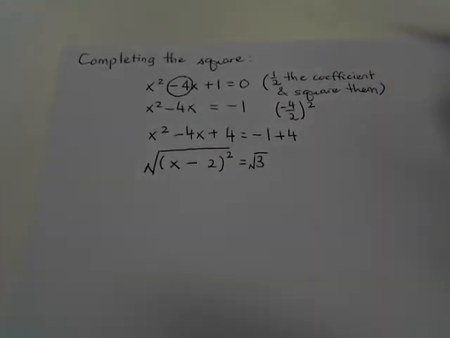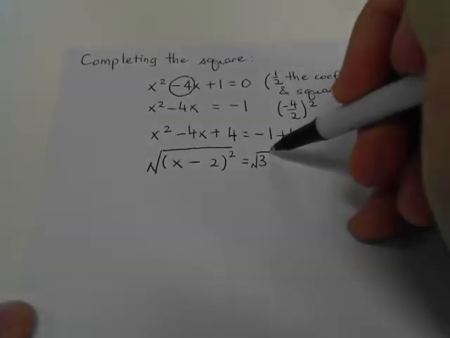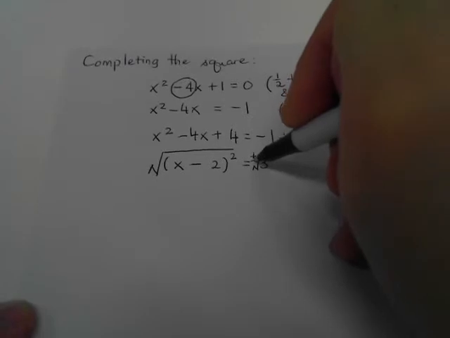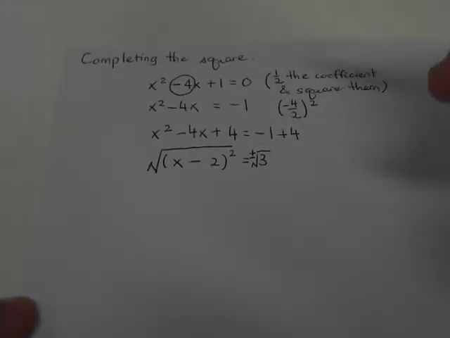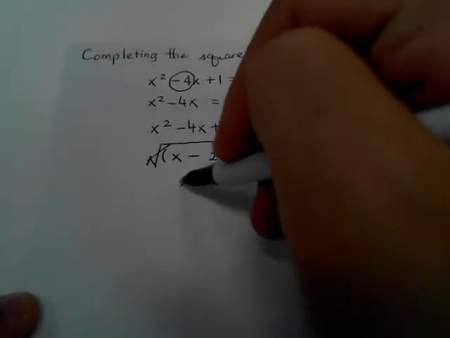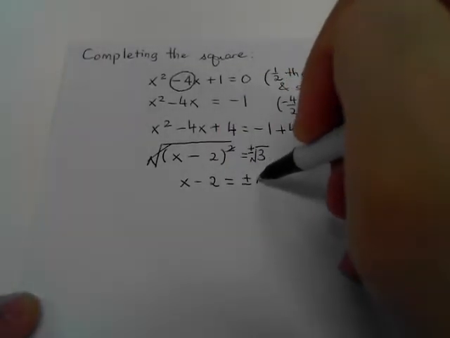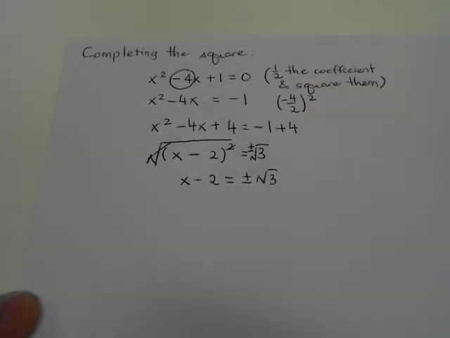Correct? What is the other condition when we have a square root on the right hand side? What signs do we have to think about? Plus and minus. Thank you. So now having said that, we can cancel out the square root and the square. x minus 2 equals plus minus square root of 3.